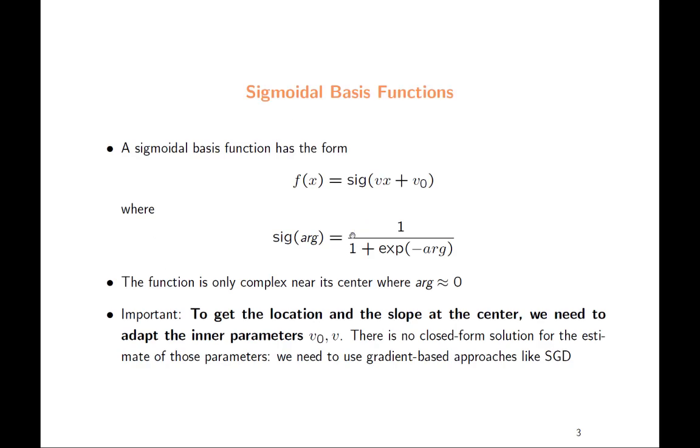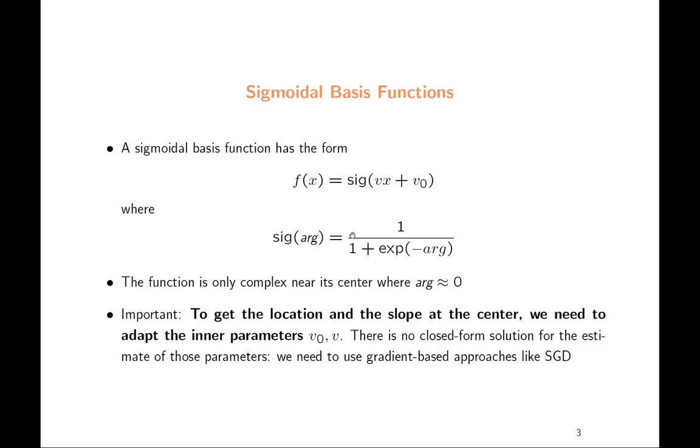But the new thing now is, first of all, it's just a basis function as before. But the new aspect is that we don't just adapt the parameters which are outside of the basis function, which come after the basis functions.